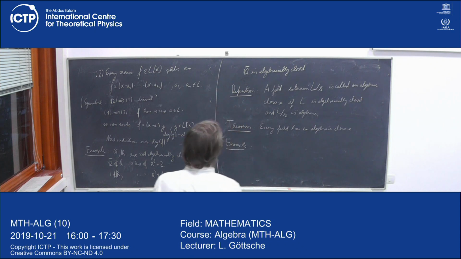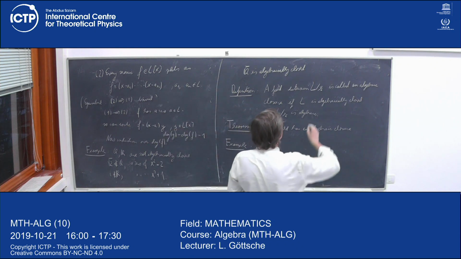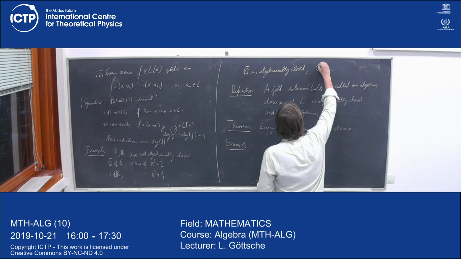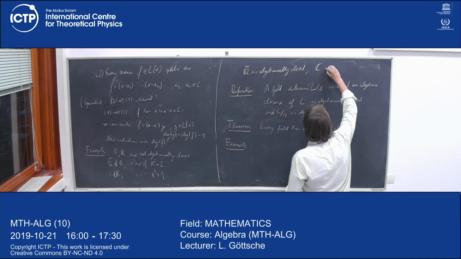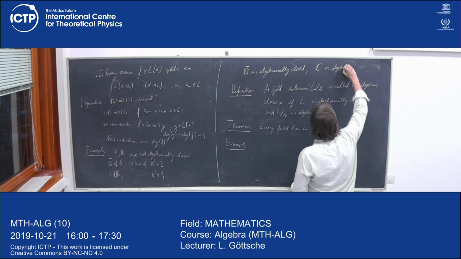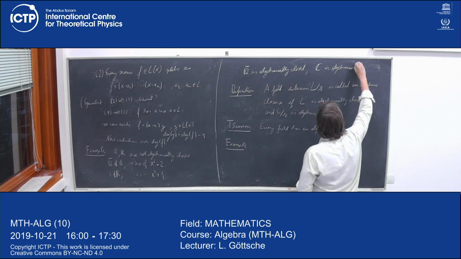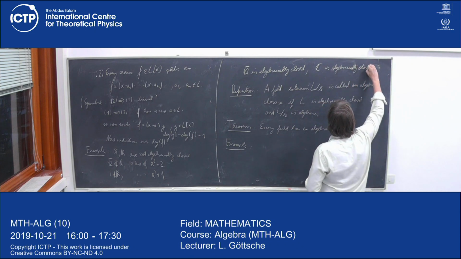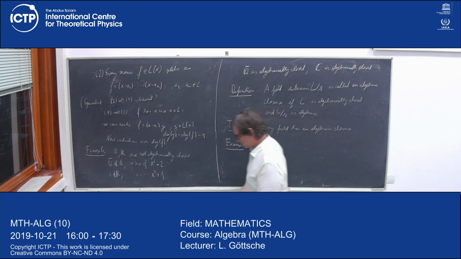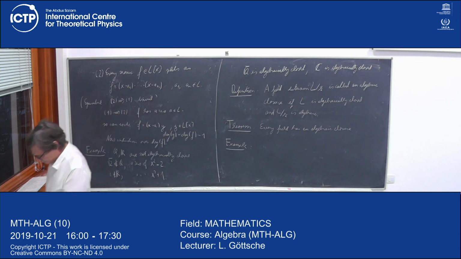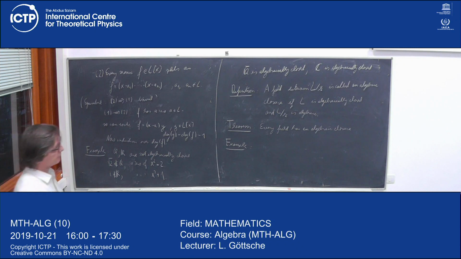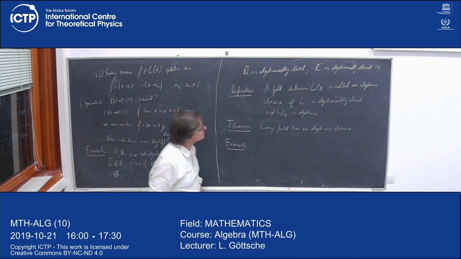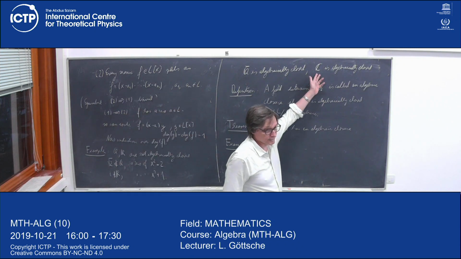I should also maybe have said this before. Obviously, I'm using here that C is algebraically closed. So the fact that the complex numbers are algebraically closed is obviously not a statement of algebra, but a statement of analysis, because the complex numbers are an object of analysis.